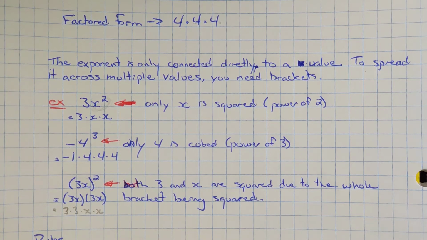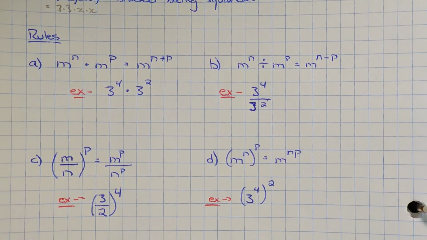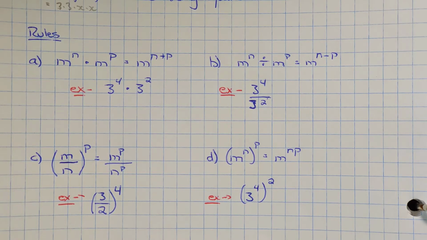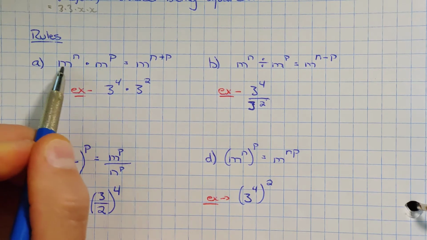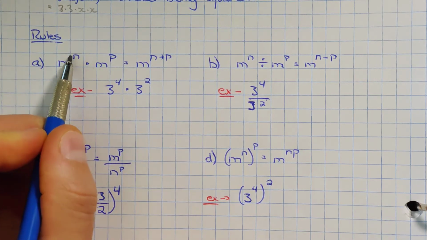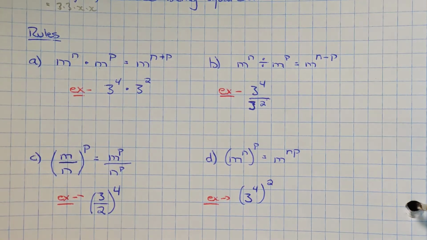Now, there are a few exponent rules that we need to be familiar with. We've worked with some of them throughout the course, but we just haven't explicitly stated them. If you have bases that are the same and they have an exponent on them, and you multiply them, so both of them here, m and m, then the exponent portion can be added together.